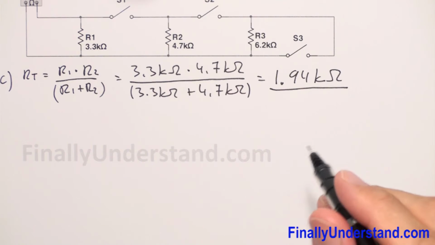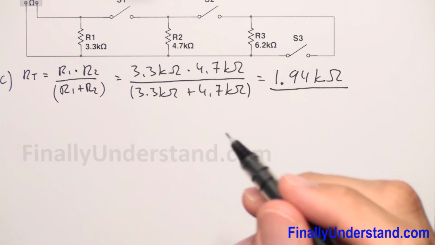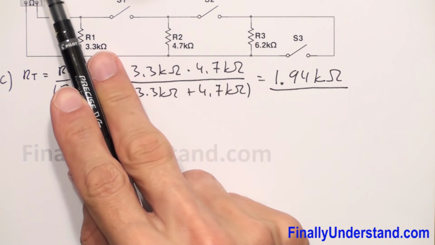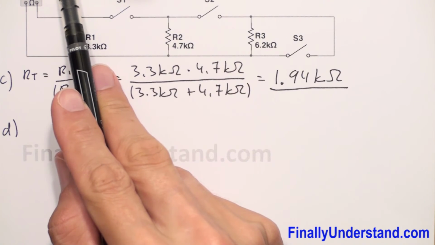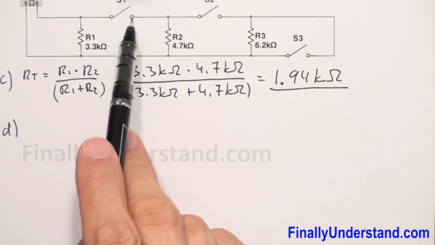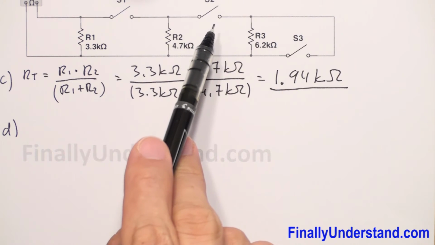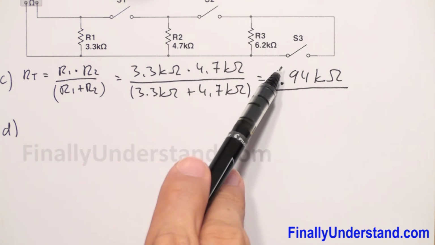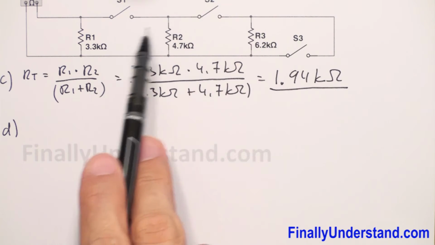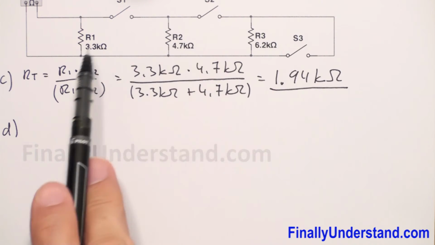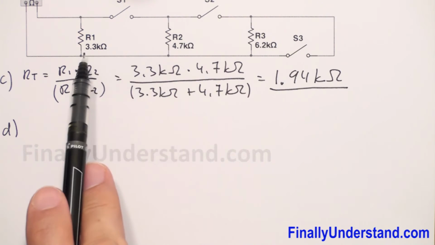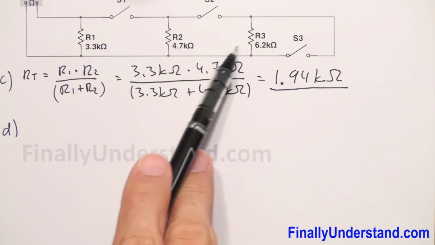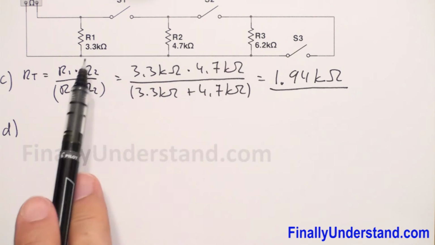So next, we're supposed to go to part D. S1 and S2 are closed. S1 is closed, S2 is closed, and S3 is open. Okay, so when S1 is closed and S2 is closed, we have to calculate the total resistance of these three resistors because they are connected together.